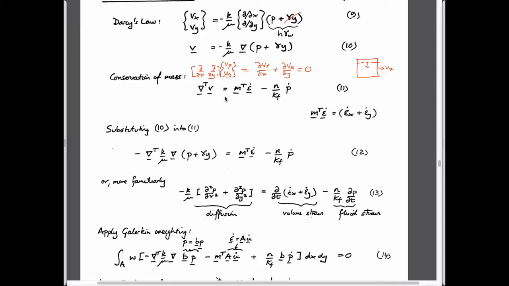So the change in volume of that system, if we write it out, the volume strain is equal to 1, 1, 0 multiplied by strain in X, strain in Y, shear strain, which is the same as strain in the X direction plus strain in the Y direction.